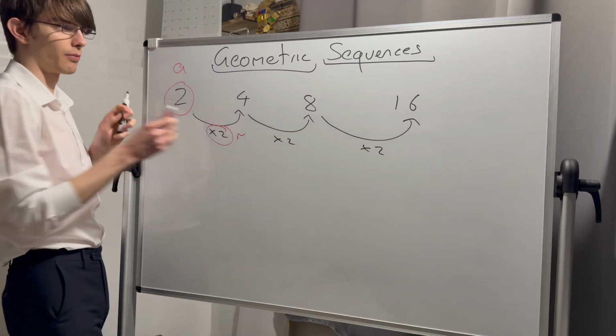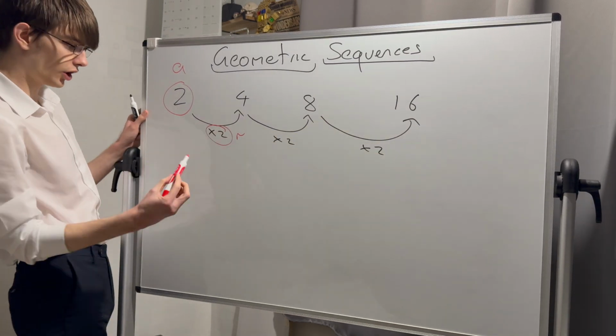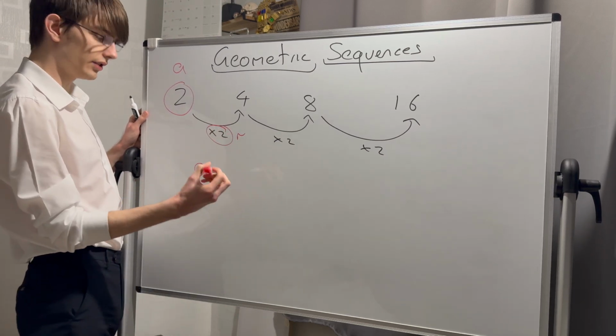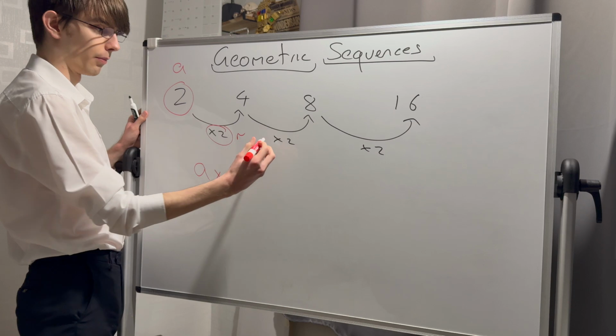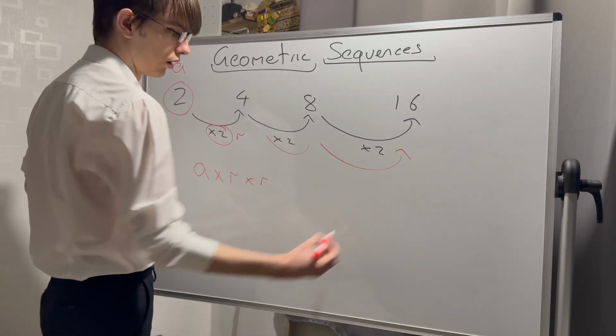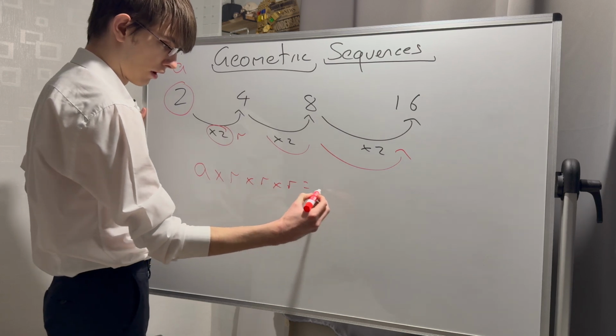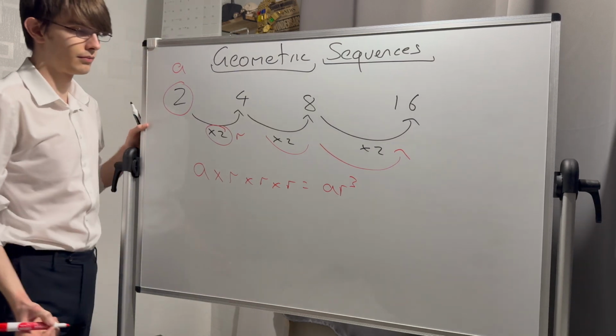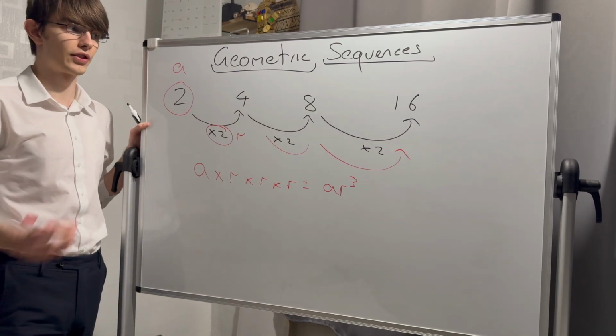Well, I start with my first term, multiply by R once, multiply by R again, and then multiply by R one more time. So I am multiplying by R 3 times. AR cubed will get me my fourth term.